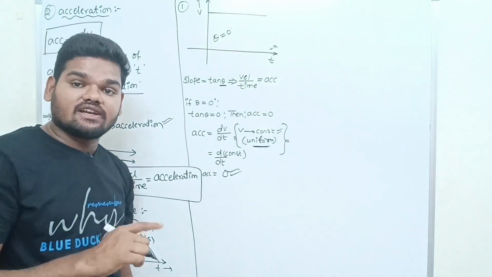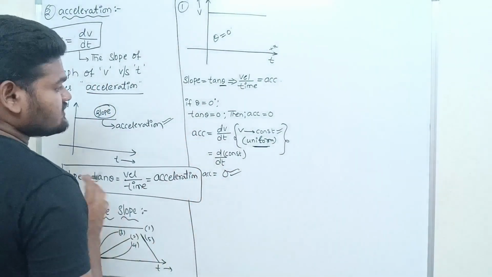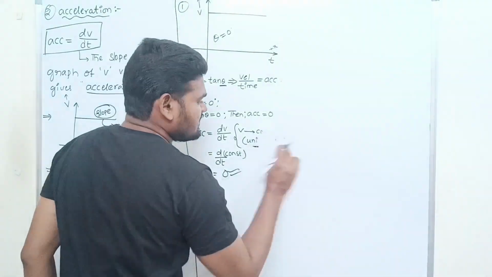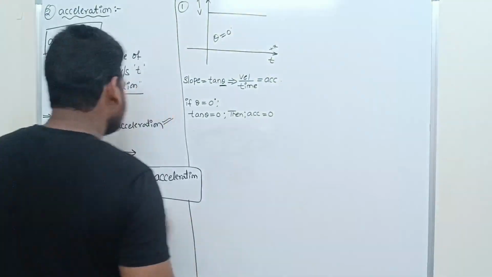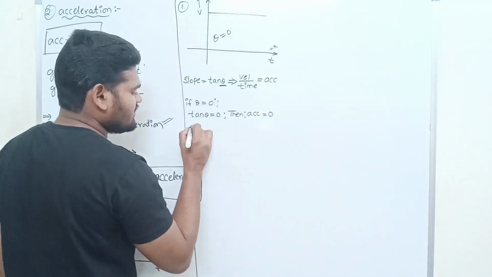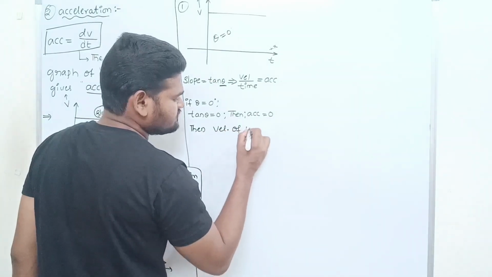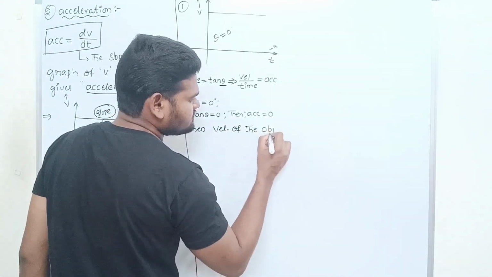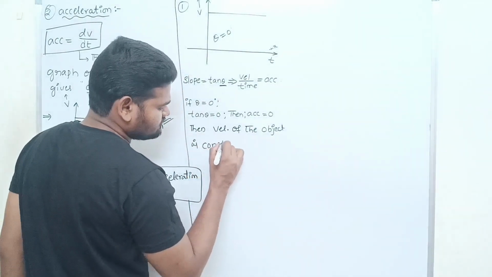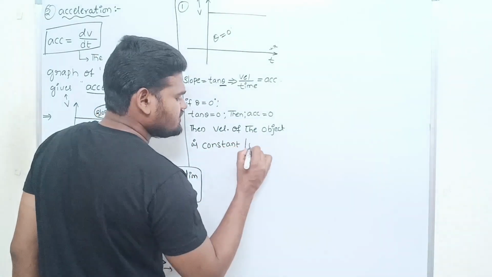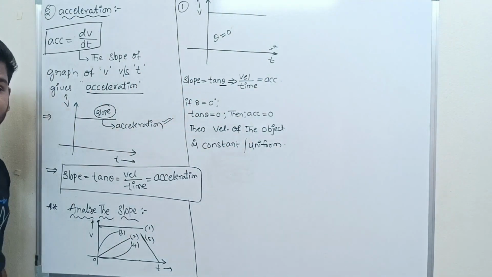So if the acceleration is 0, then the velocity of the object is constant or uniform. Any doubts?